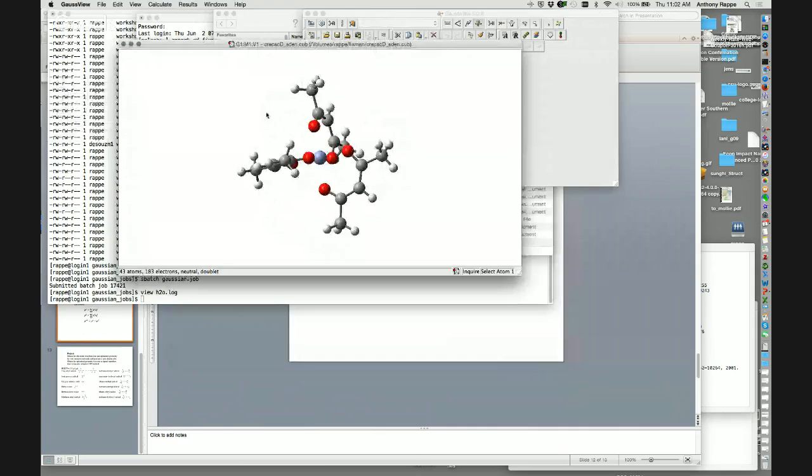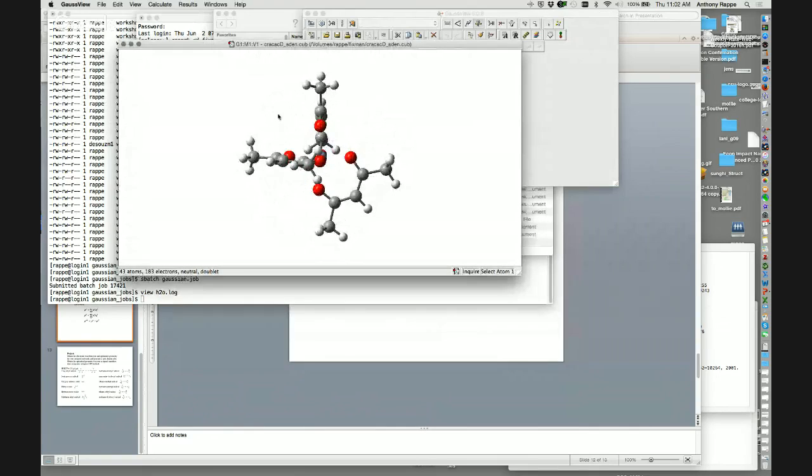What we're going to look at is a molecule called chromium acac, or chromium tris-acetylacetonate. In some schools these days, in Gen Chem lab you still actually make this molecule.